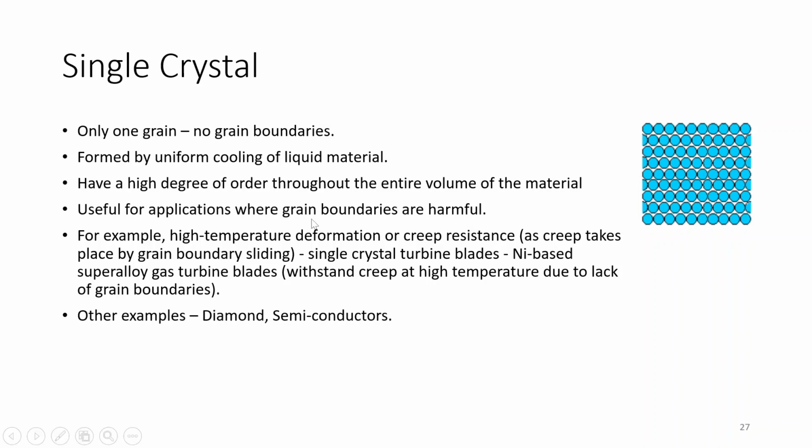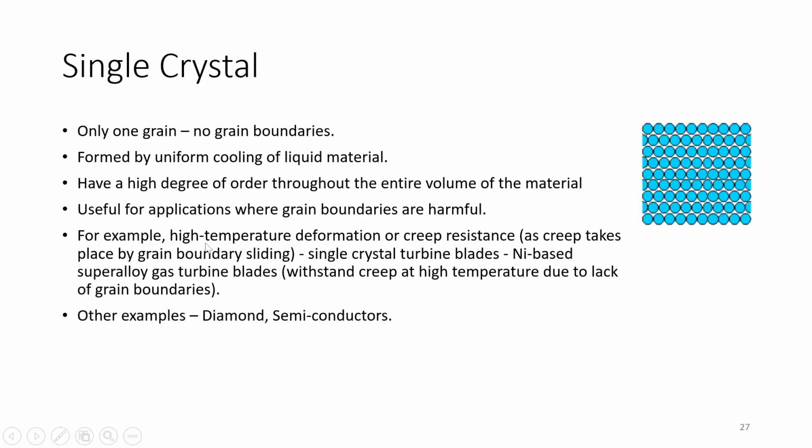For example, in creep, when you heat the material, grain boundaries provide higher diffusion of atoms, so these can be detrimental at higher temperatures. So at higher temperatures, we prefer materials with very low grain boundaries, and single crystals are preferred.